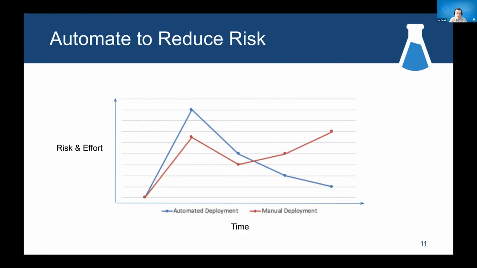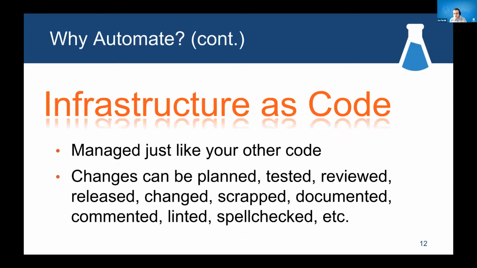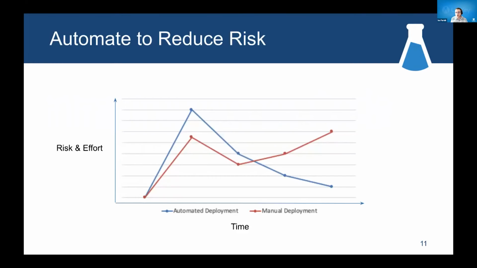An automated deployment has a higher initial cost of effort, but with a manual deployment the maintenance of the environment increases over time. You can categorize the maintenance of a manually deployed environment as increasing risk of configuration drift, and also higher security risks as you have to manually apply security updates. We can do the next slide.